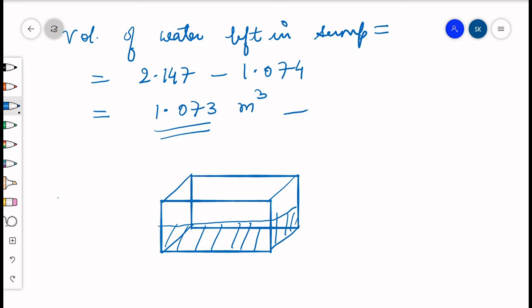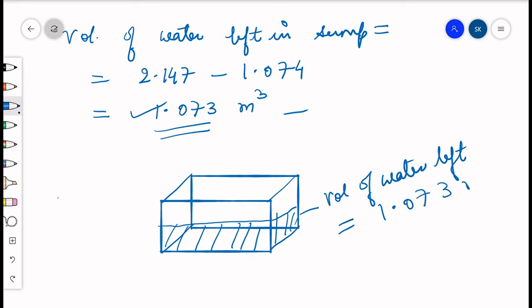So the volume of water left is actually equal to this, so it is 1.073 meter cube, correct?